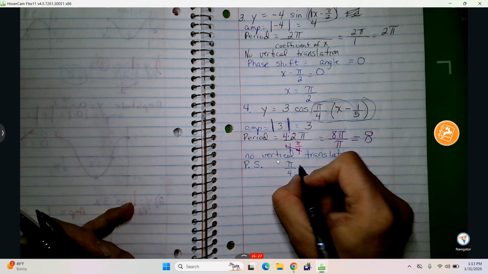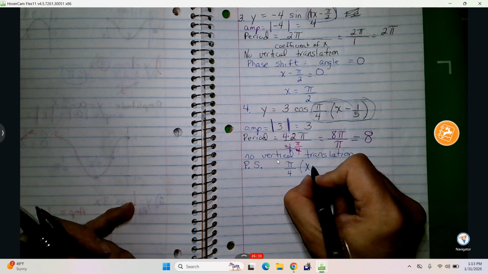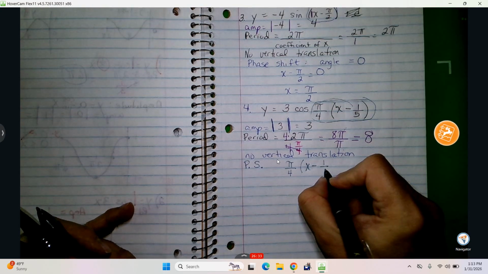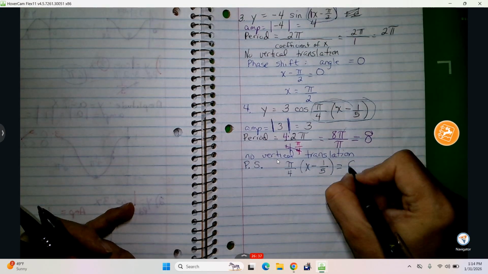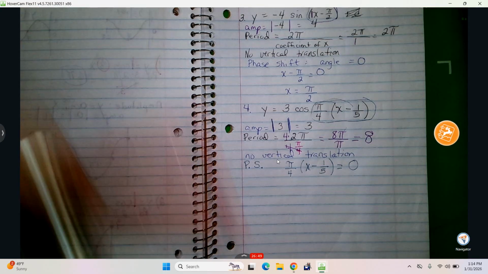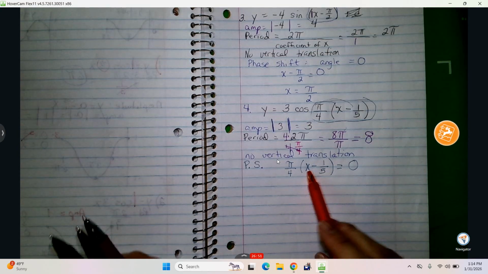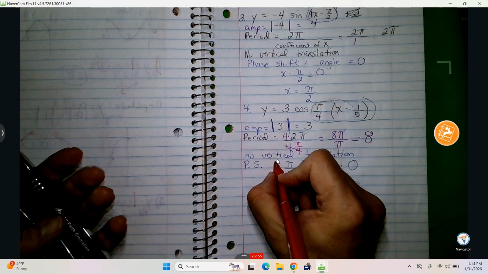Pi over 4 times x minus 1/5 equals 0. Sometimes students say, well, distribute the pi over 4. I don't really think that's the best way to go about it. If we're trying to isolate the x, why don't we multiply both sides by 4 over pi?